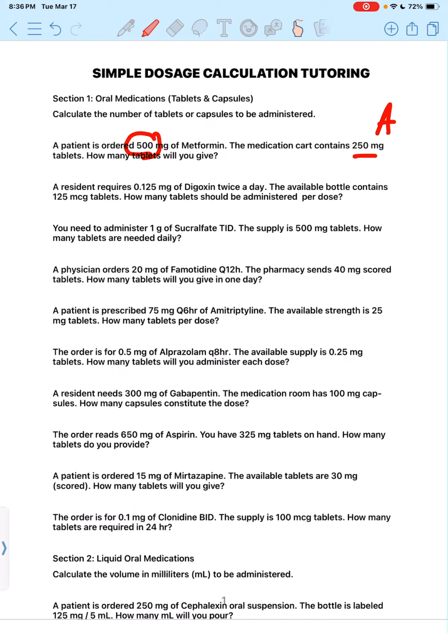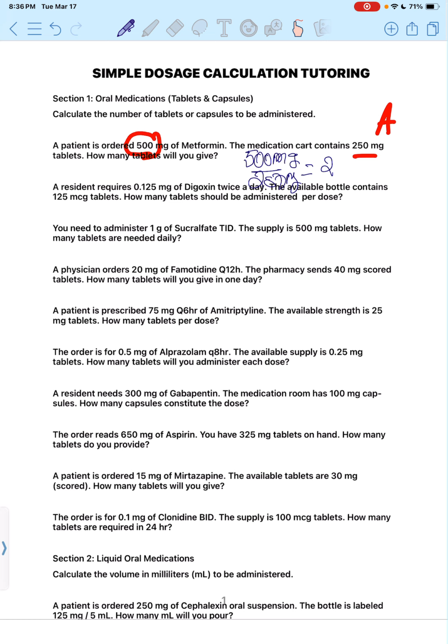The doctor prescribed 500 milligram, so here you will do 500 milligram divided by 250. And then the answer will be 2 tablets.